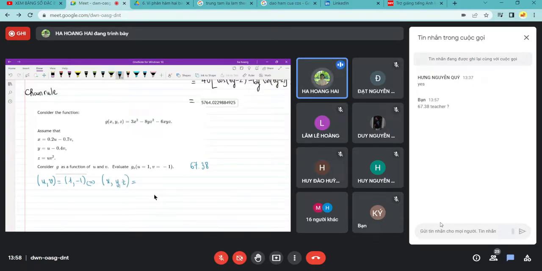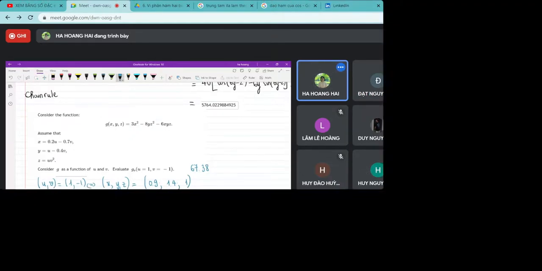You can see that here we have 0.8, right? Okay, and we have u, 1, plus 0.2, so we have 1.4. Is that right? And also we have z equal to 1.